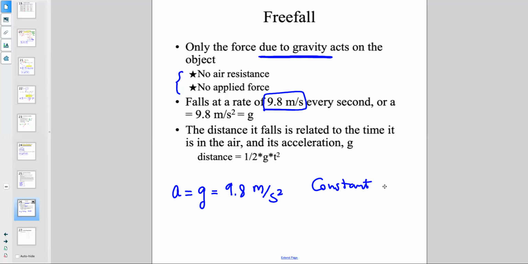If you are dealing with free fall, and it is constant, it does not change. So the acceleration is based on the gravity of the Earth and is always constant no matter where you are.